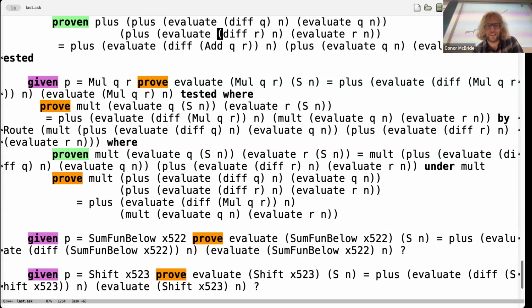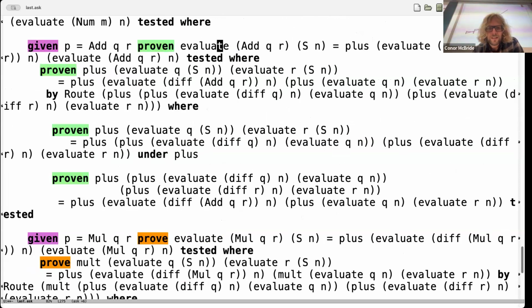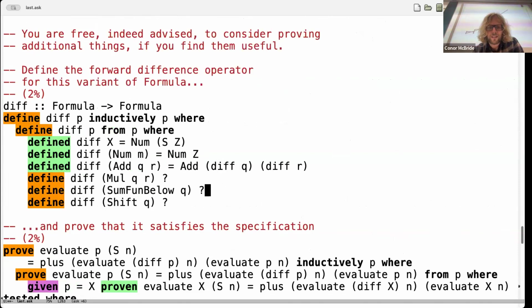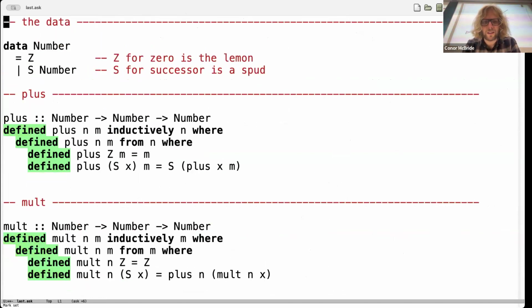So let's see if we can do this. Say this is add of something, something, something. And what was the first thing? It was the mult of diff of capital M. Capital M, mul. Yeah.